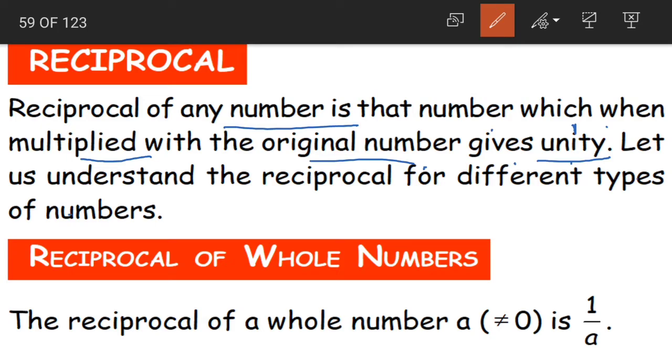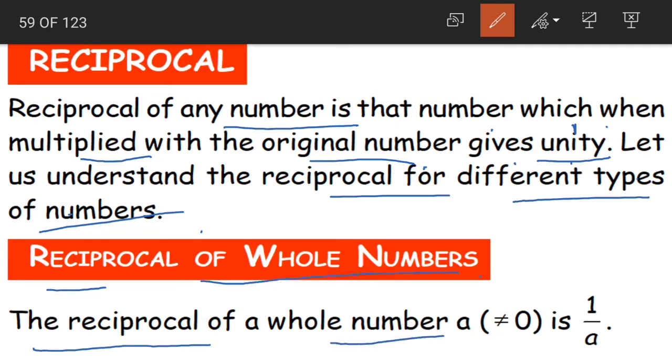Now let us understand the reciprocal for different types of numbers. Suppose if we have a whole number, how to find out the reciprocal of a whole number? The reciprocal of a whole number A. A means it can be any whole number, say 1, 2 or 100 or 500. Okay, children.